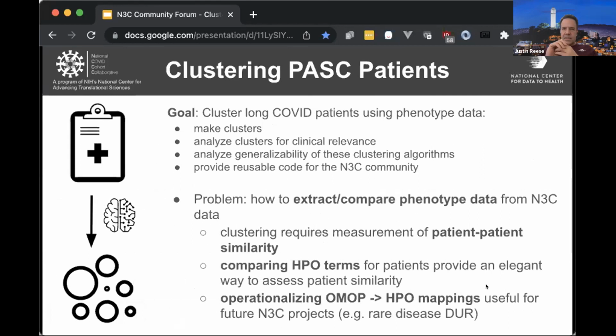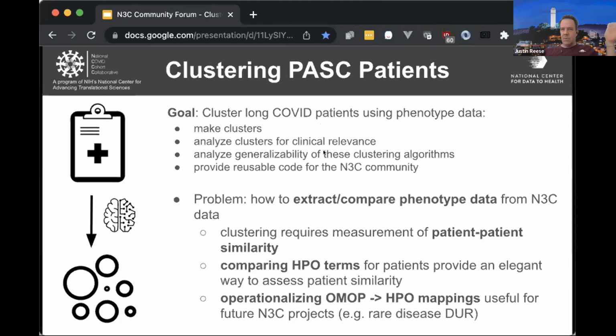There are clinicians and biologists who've been studying this for a few years and can probably tell you what different kinds of clusters exist in the data. But the idea here is to let the data tell us what clusters exist, and as I said, analyze them for clinical relevance. And we also have some data to show about generalizability of these clusters.